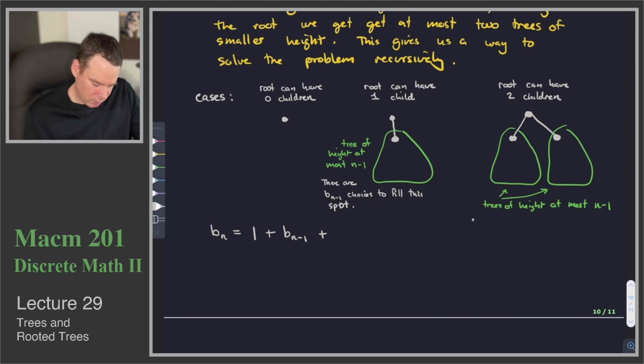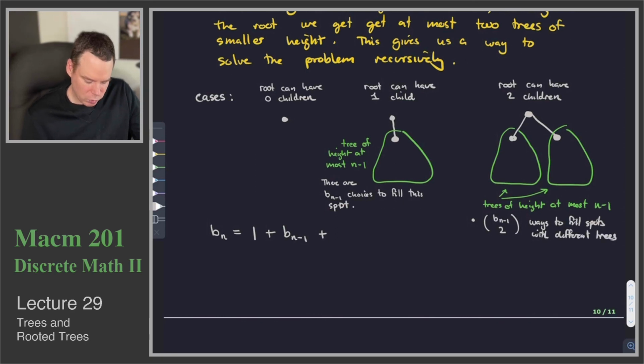So what can we do? Well, we could either fill them with different trees. So there are b sub n minus 1 possible trees that I could put in each of those slots. If I want them to be different, then I just choose 2 of them. So b sub n minus 1 choose 2 ways to fill spots with different trees.